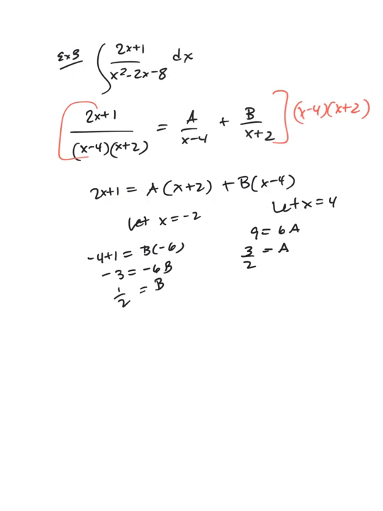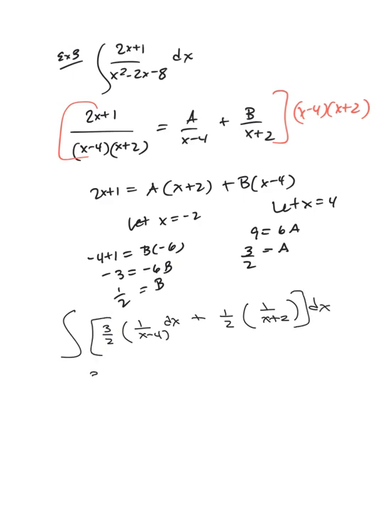So my new integral is A, 3 halves, times 1 over x minus 4 dx plus B, which is 1/2, 1 over x plus 2 dx. So that's 3/2 ln x minus 4.